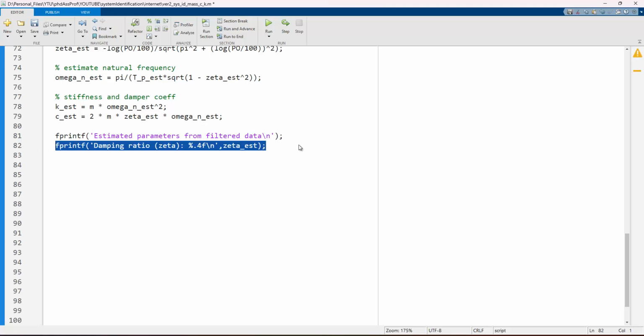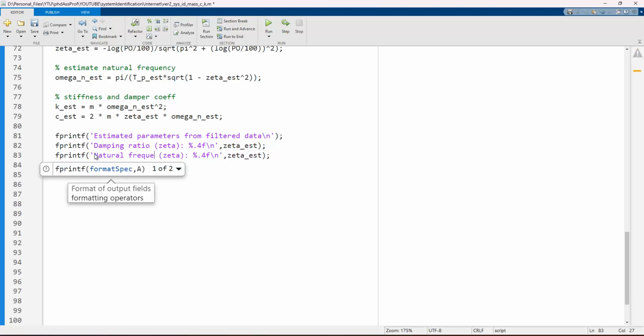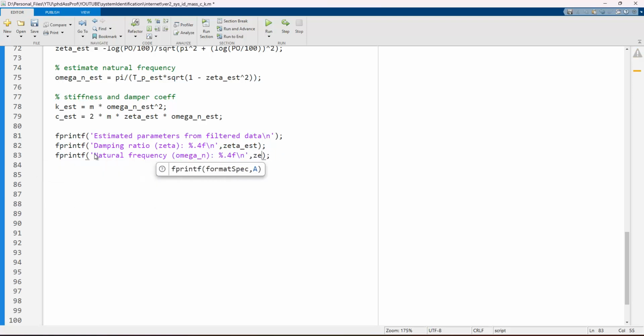This is the first value. And in the second one we need to write the natural frequency, wn or omega n, so this is replaced with the omega n est.